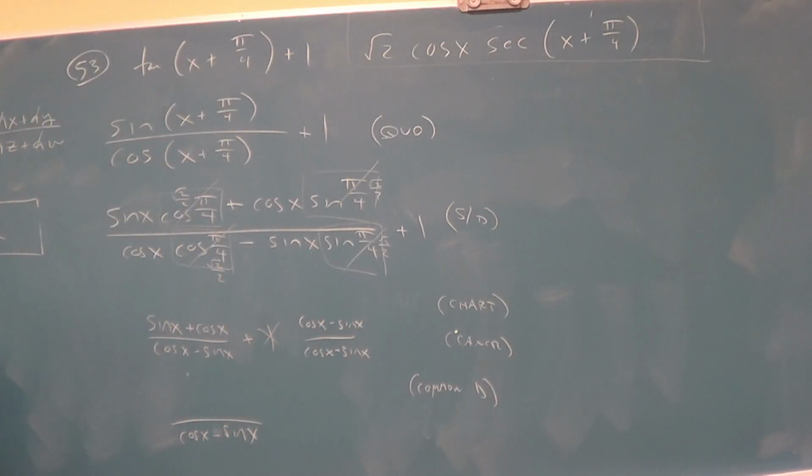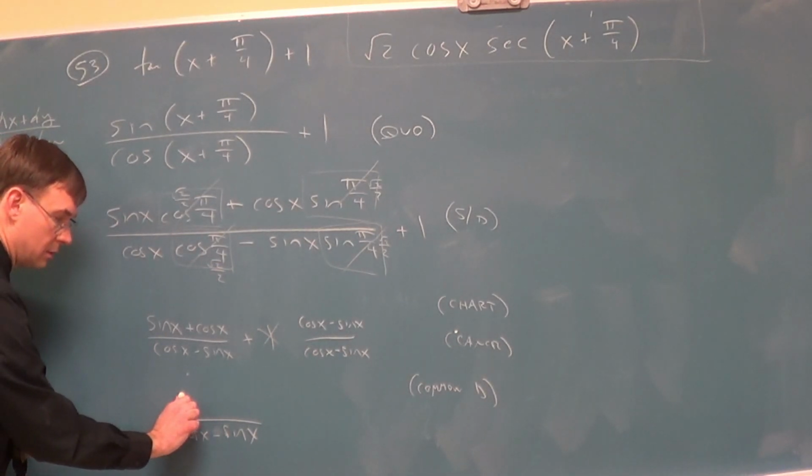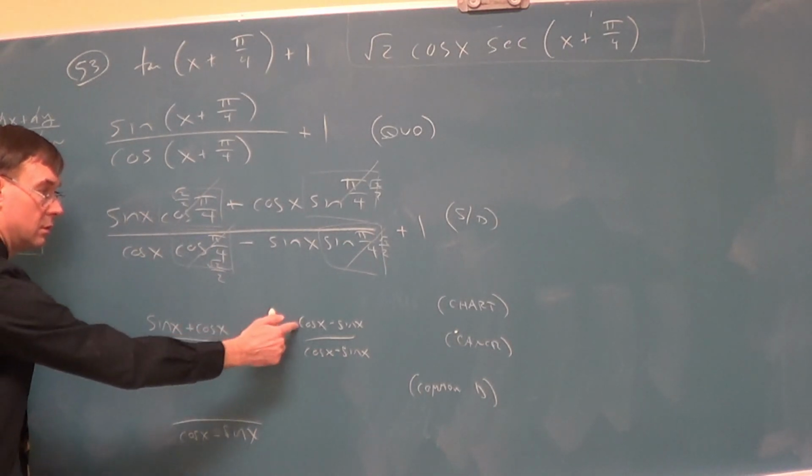Add that stuff up. Yeah, signs would eliminate, and you have two cosines.